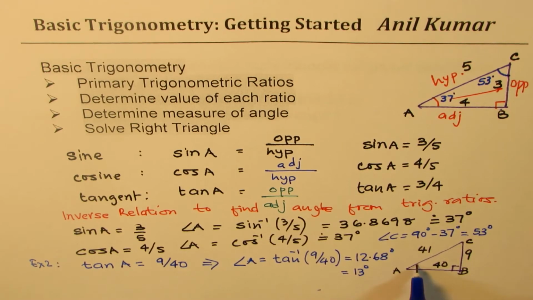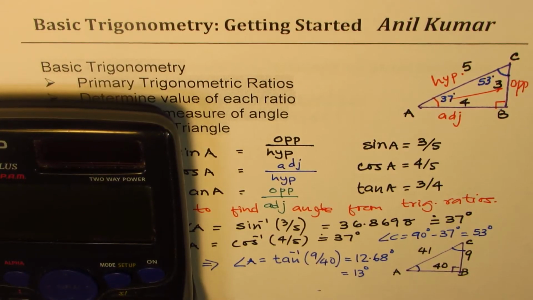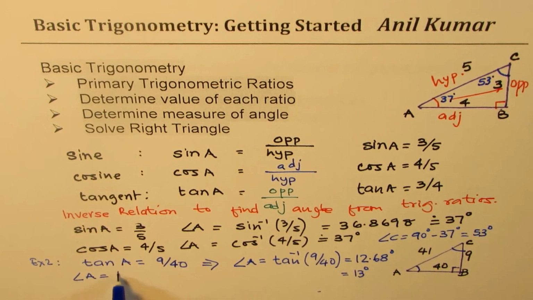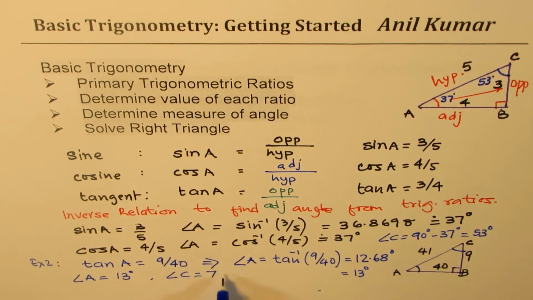So if that is 13 degrees, then the other angle should be 90 minus 13. So 90 minus 13 is equal to 77. Perfect. So we know angle A is equal to 13 degrees and angle C is 77 degrees, correct? So in a way, we have solved our triangle.